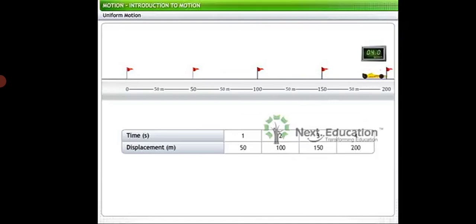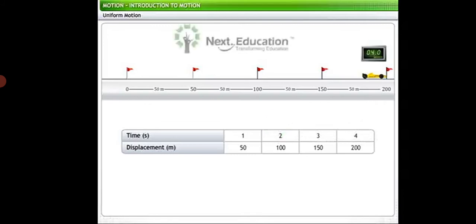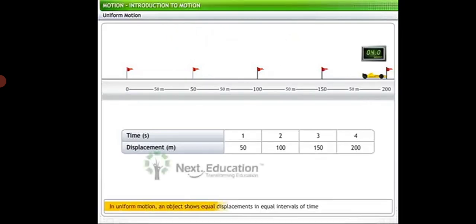Thus, for each second, if we note down how far the car has moved from the starting line, we see that displacement during any two consecutive seconds is the same. This is called uniform motion.